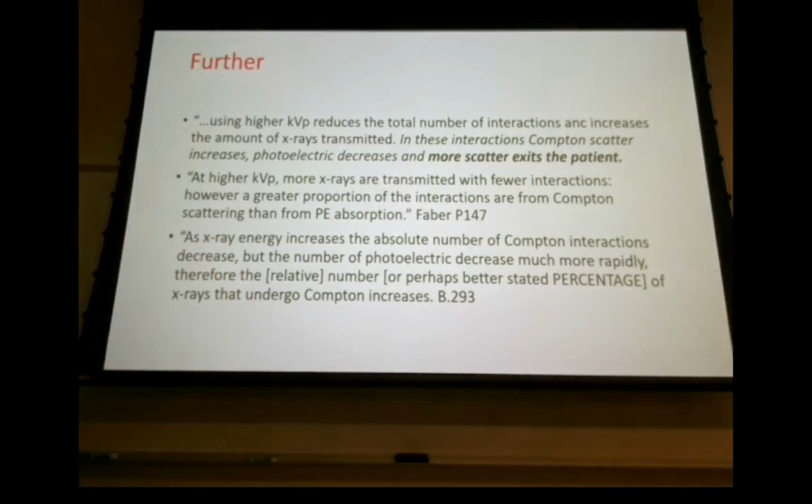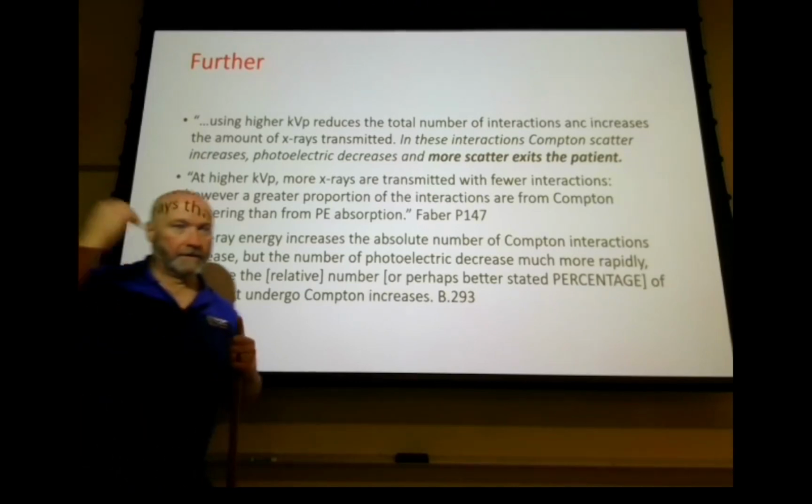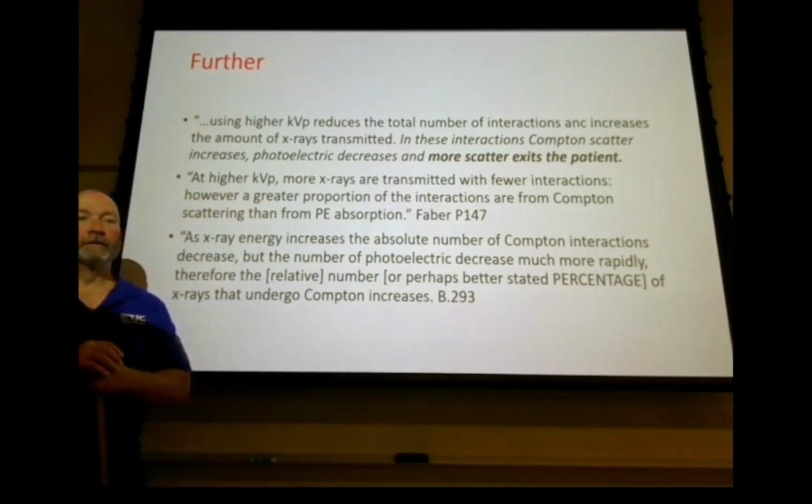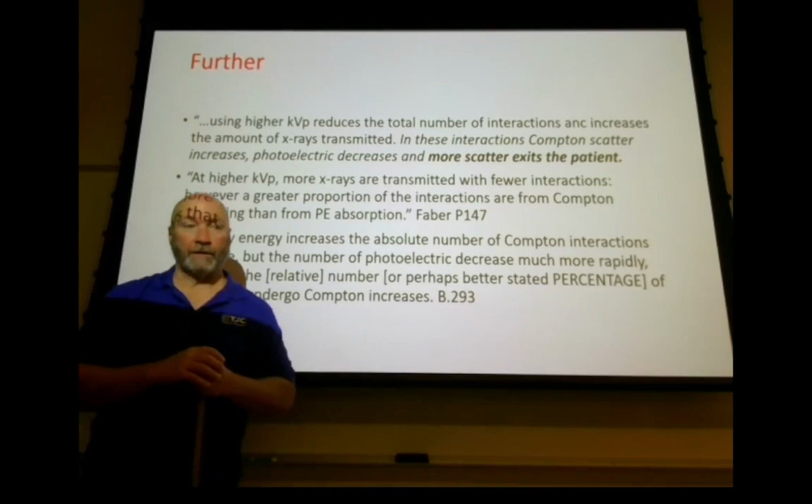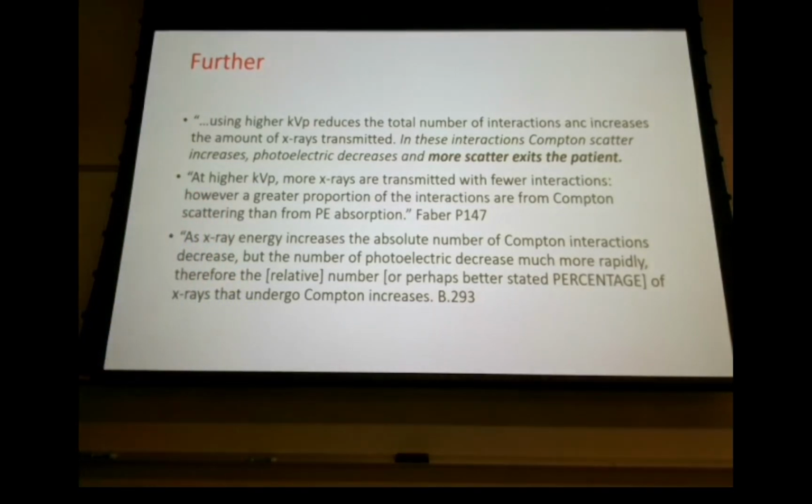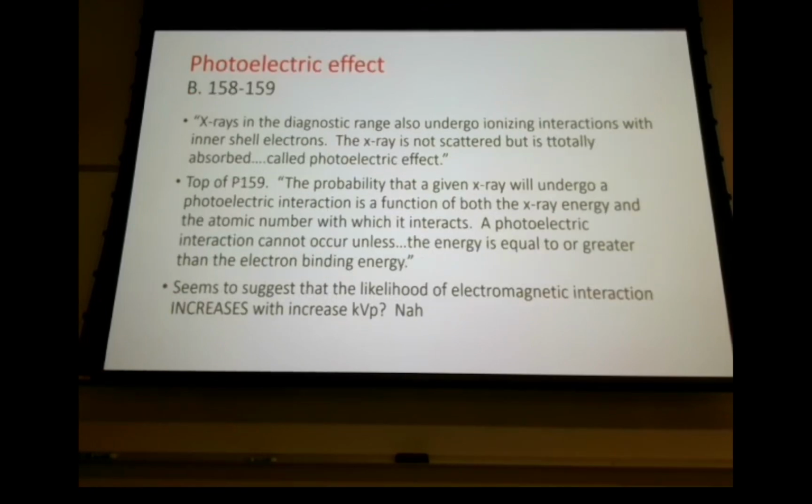So in the PE ratio, whenever we up the kVp, photoelectric percent goes down, but the percentage of Compton goes up. The numbers actually go down. The percentage goes up.